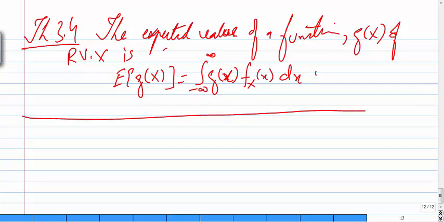This theorem helps us calculate the expected value of the derived random variable.